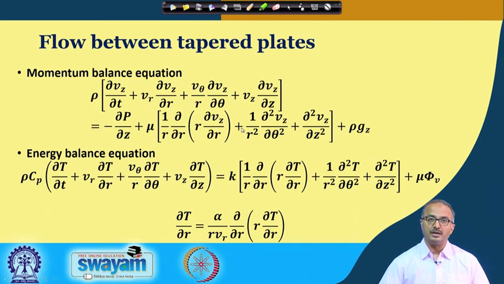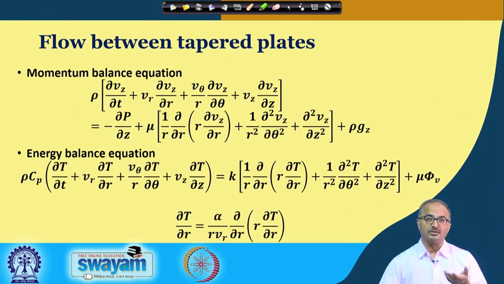So naturally everything is going to be 0, and we are also considering that there is no body force. Even though in the z direction there could be a hydrostatic gradient due to gravity, the height of the liquid confined within these two plates may not be substantial enough to exert a hydrostatic gradient.